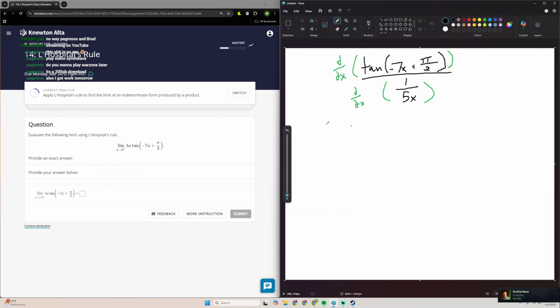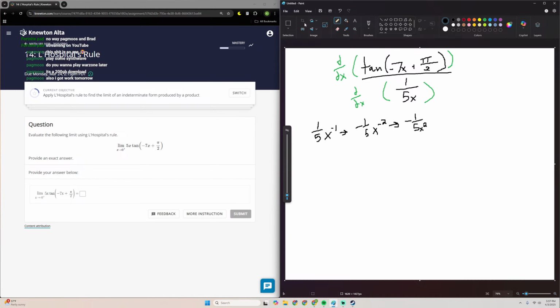Let's start off with the easy one. The derivative of 1 over 5x is just 1 over 5 multiplied by x times by negative 1, which then becomes, after the derivative, negative 1 over 5 x to the negative 2, which then becomes negative 1 over 5x squared.